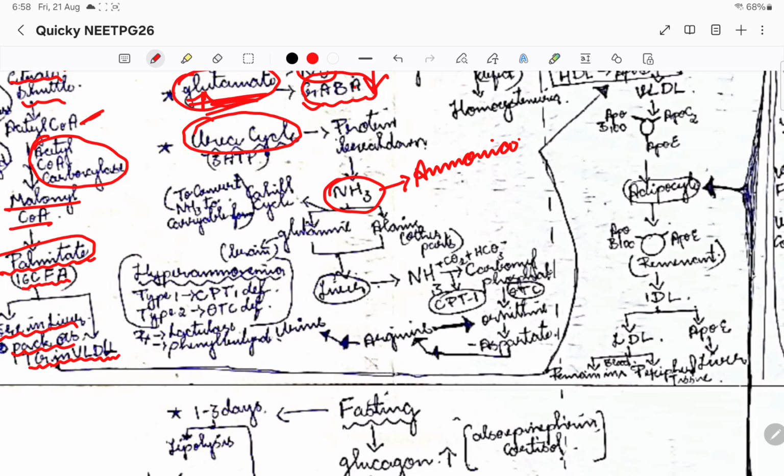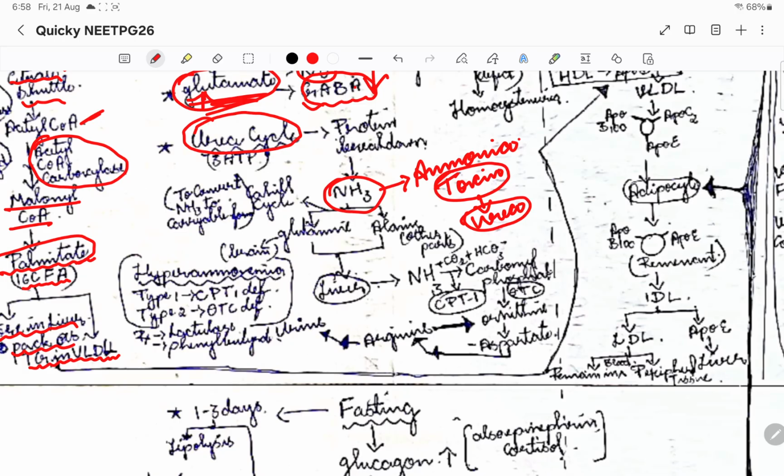So ammonia is what we throw out of our body, but ammonia itself is a toxin. It cannot be stored inside our body as such, or thrown outside of the body as such. So this toxic ammonia should be converted into a nontoxic material called urea before throwing out.